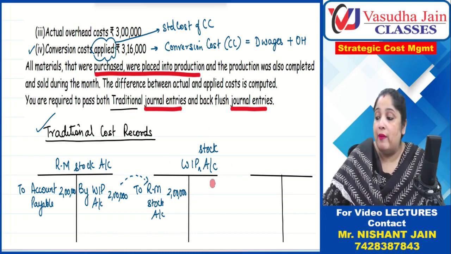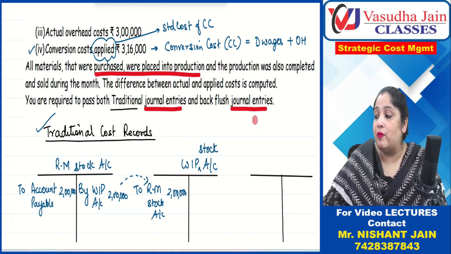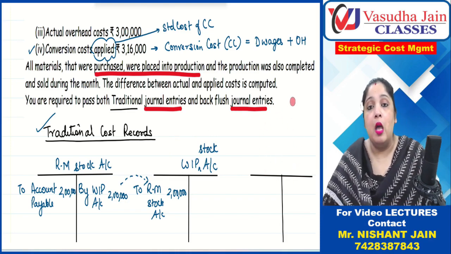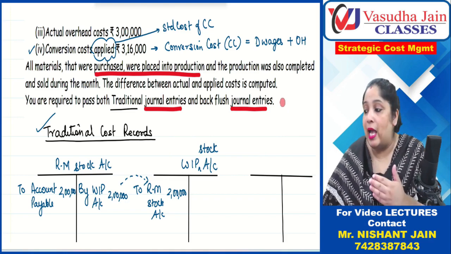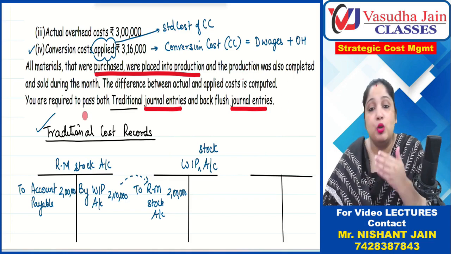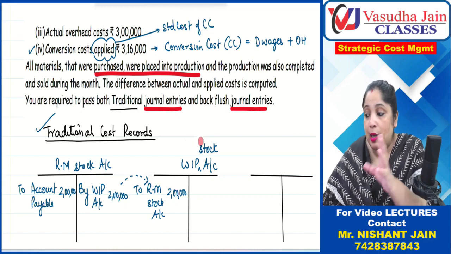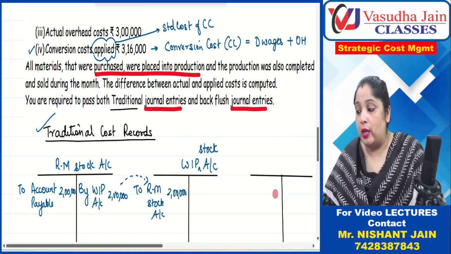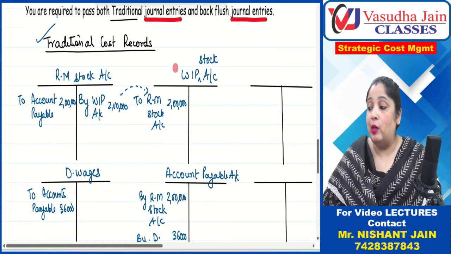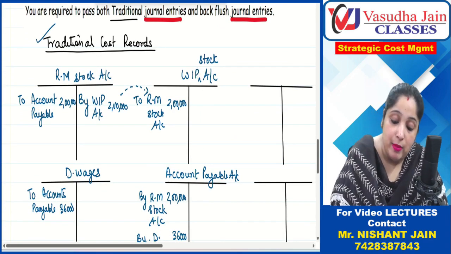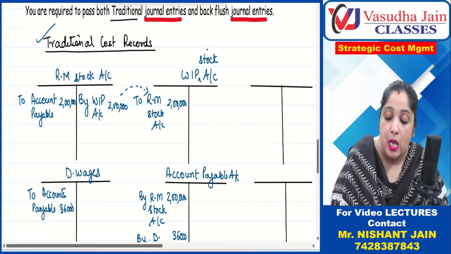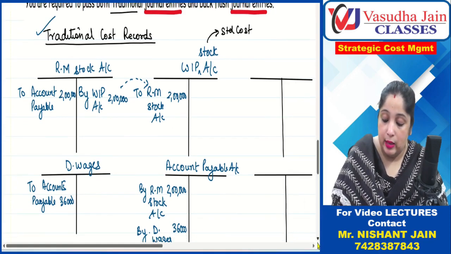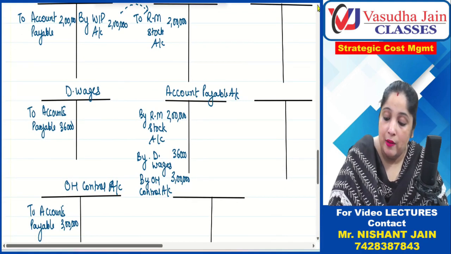That means whatever is in work in progress will be transferred to finished goods, and whatever is in finished goods will be transferred to cost of goods sold account, because whatever has been produced has been sold also. But we have to first of all value work in progress, and always remember work in progress or finished goods are valued at standard cost. So let us find out the standard cost. Now the question is saying conversion cost.